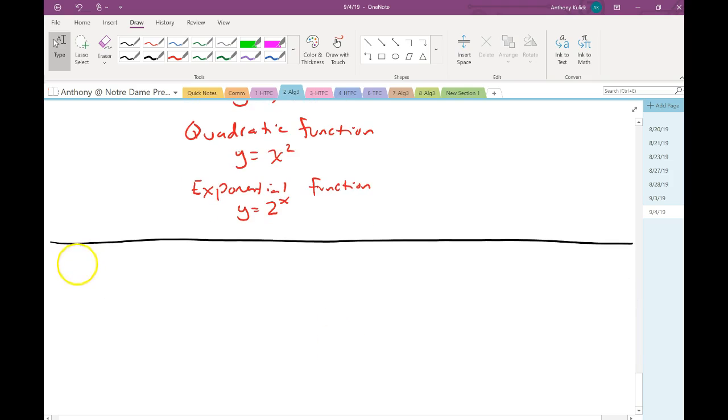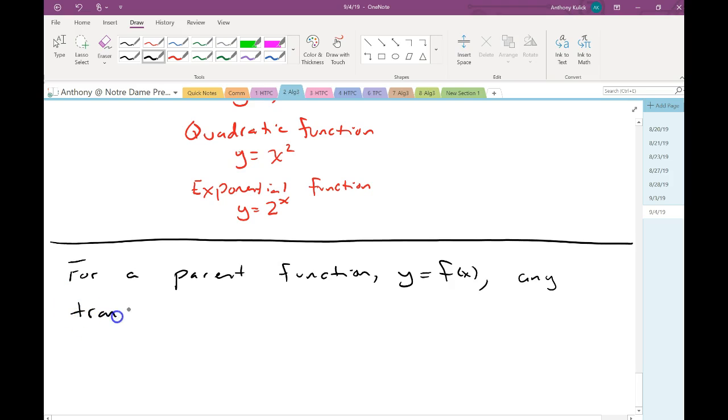So what we said is for a parent function f of x, let's see.